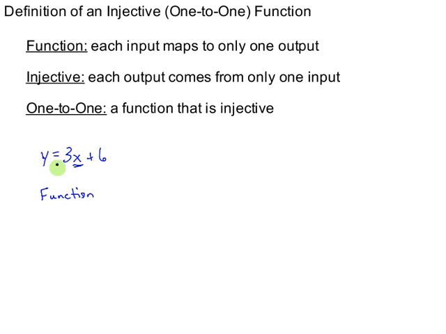This is also injective. It's hard to see maybe from the equation, but if you were to graph this, you would have a slanted line with a slope of 3, so it looks something like that. And you can imagine if you choose any output here, you would get one input. So it is injective. And finally, since it satisfies both conditions, it is one-to-one.